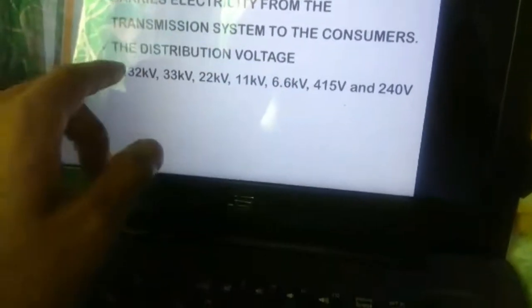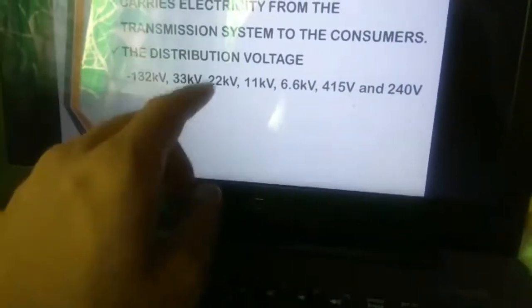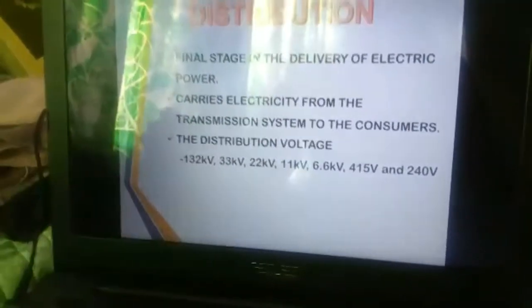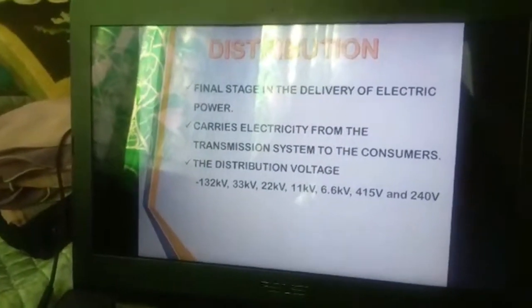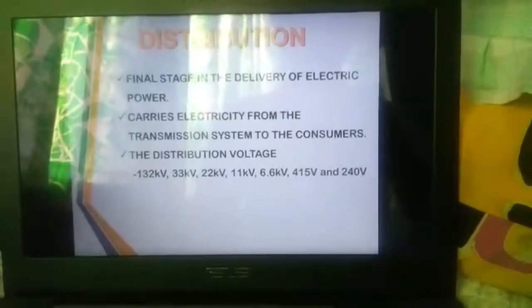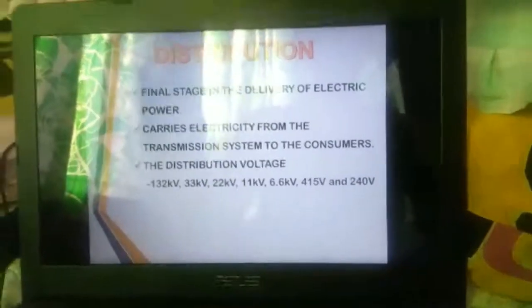Of these, 132 kV, 33 kV, 22 kV, 11 kV, and 6.6 kV are high voltage.